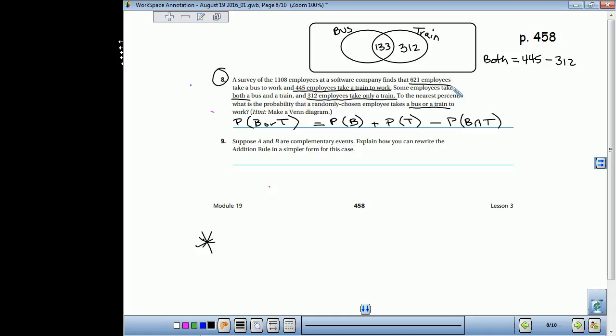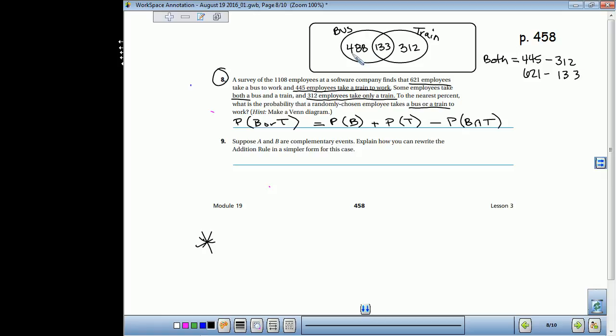Alright, and we have 621 employees that just take the bus. So if I do the 621 minus the 133, that would leave me just the bus. Because in total, 621 take the bus. So that is 488.